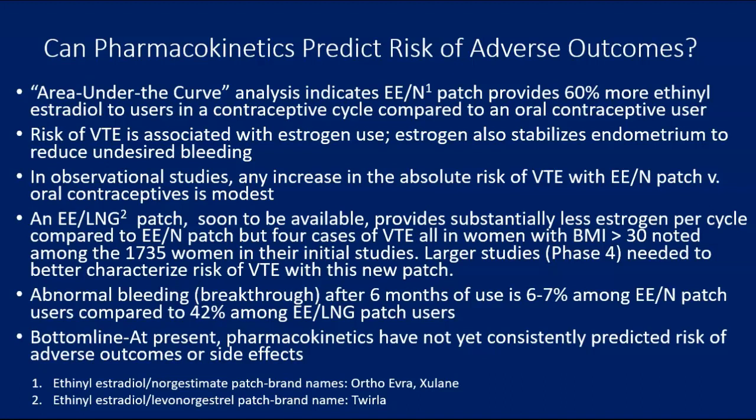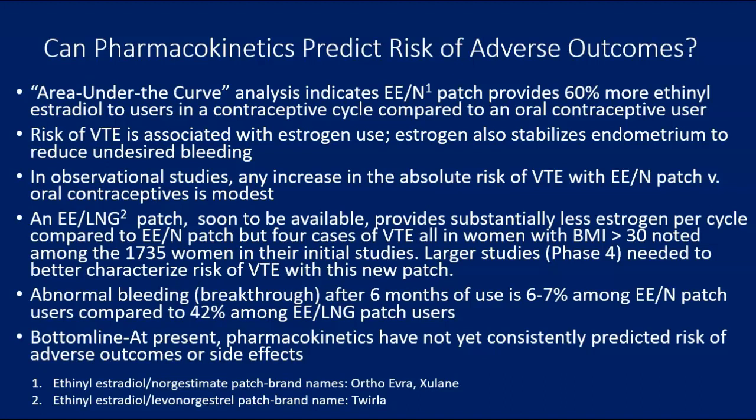Now the newer patch, which is going to be marketed as Twirla, contains levonorgestrel as the progestin, not norelgestromin. And it, as shown, provides substantially less estrogen per cycle, though I have not seen a calculation comparing the two.